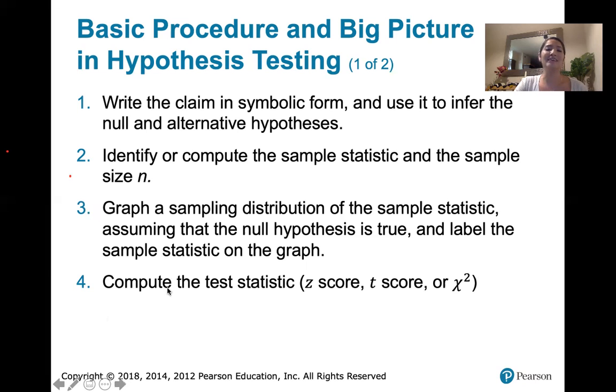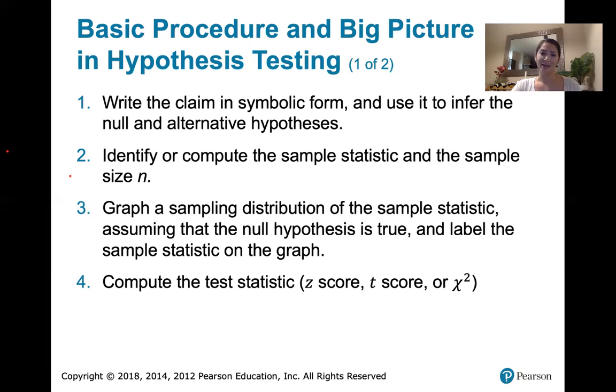So we would convert that sample statistic into the corresponding test statistic. That would be a z-score for proportions. For sample means, we're going to use the student t distribution. For sample standard deviation, they use the chi-squared distribution. We're going to talk about that briefly in lesson 8.1, but we're not going to cover hypothesis tests for standard deviation in this course.